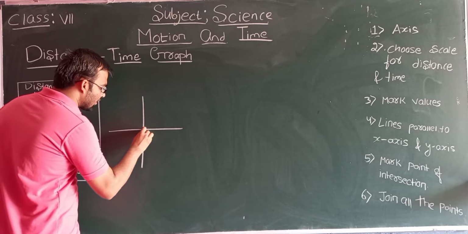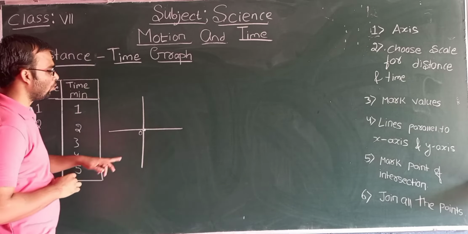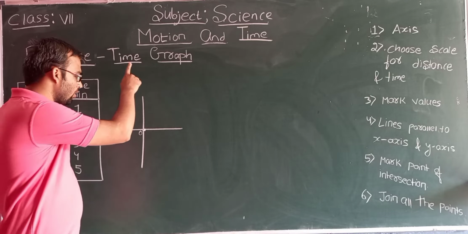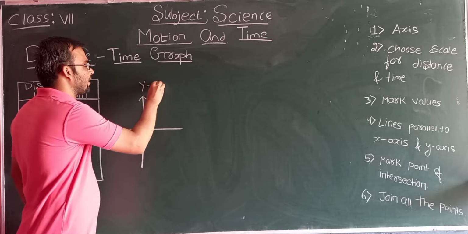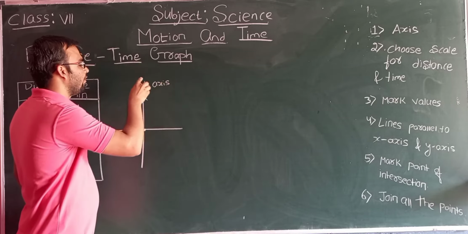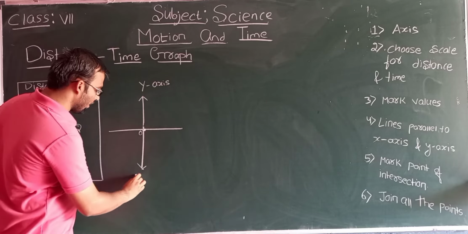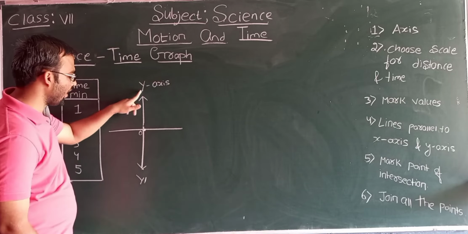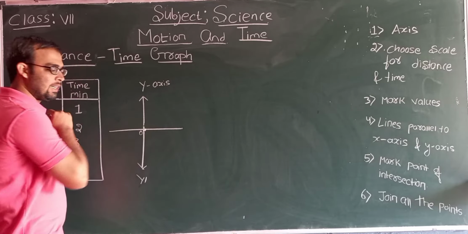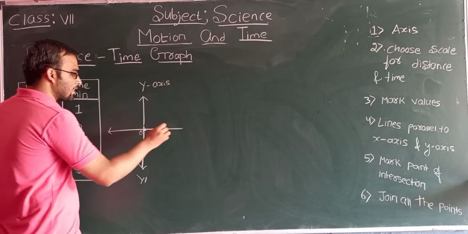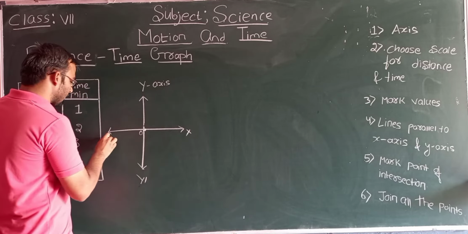This is called the point of intersection and it is denoted by O. This vertical line is called the Y axis, written as Y dash, and this horizontal line is called the X axis, denoted as X dash.